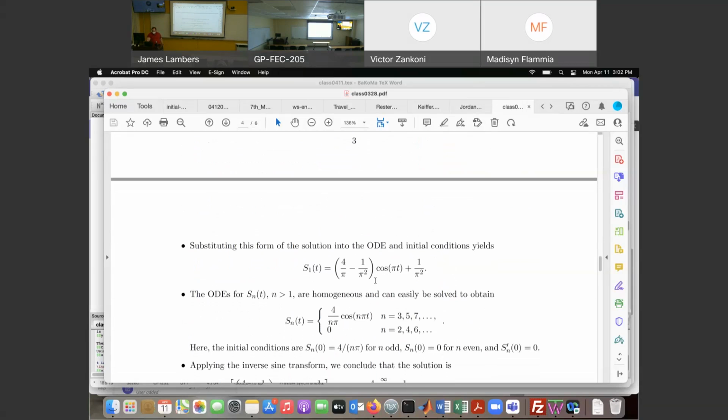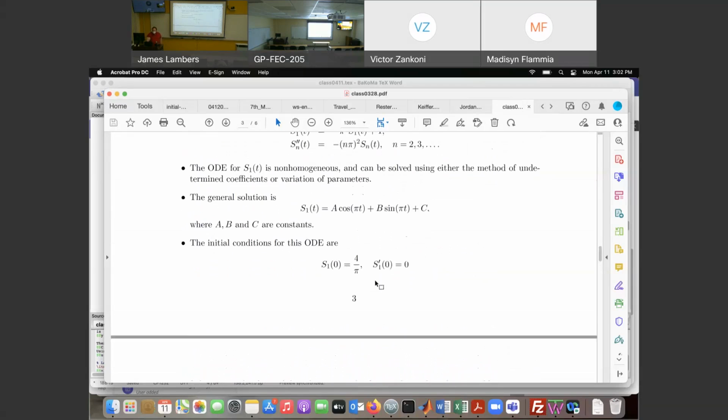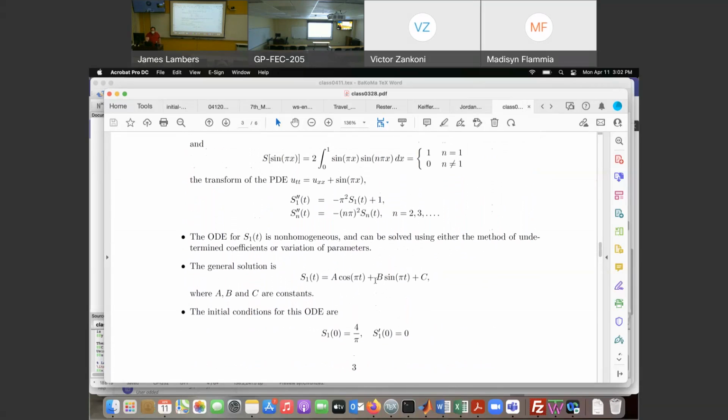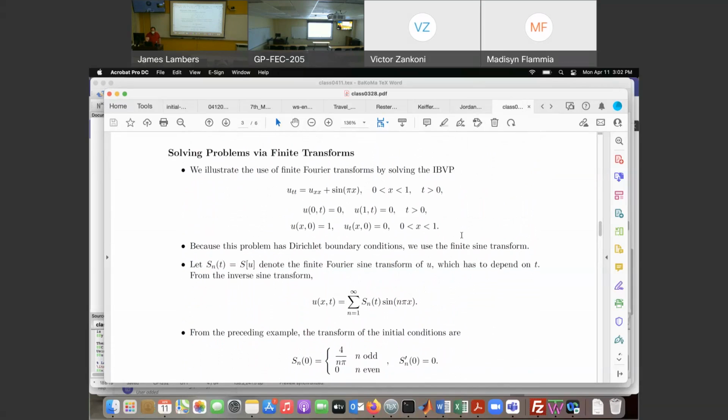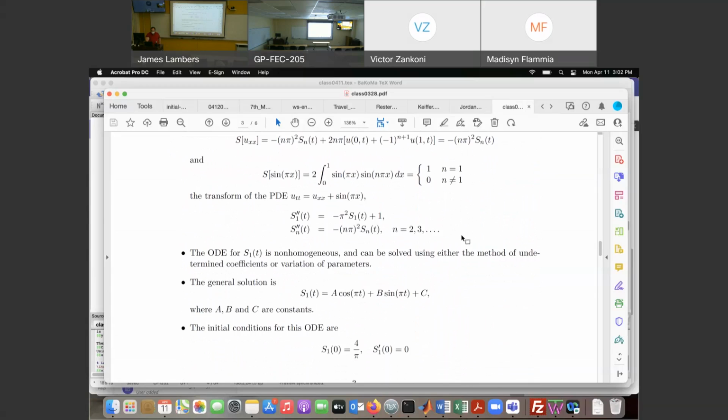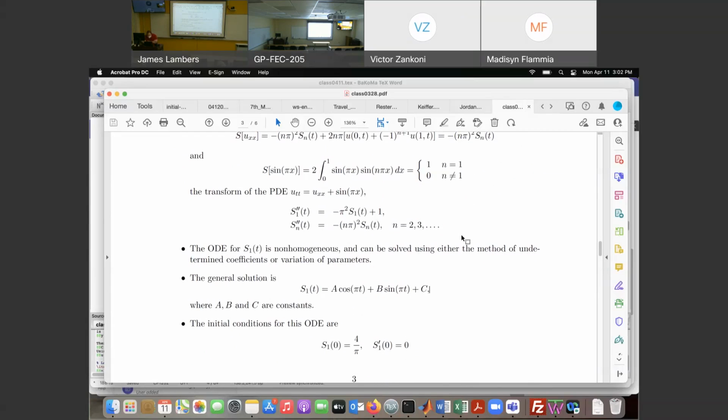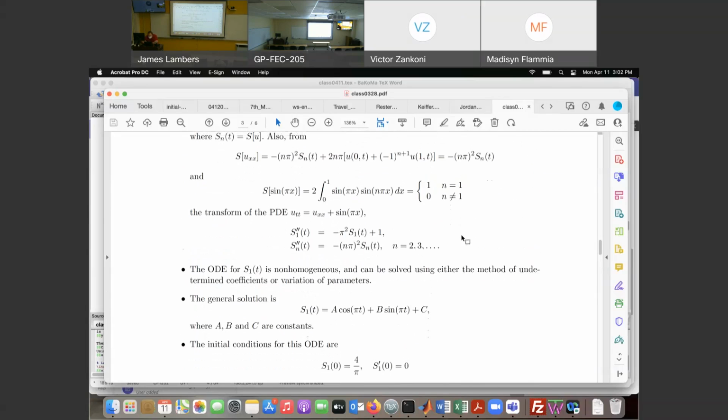So in our case, the 3 comes into play as far as which ODE it is. It's the ODE for n equals 3, because it's plus plain old sine. In other words, the coefficient is 1.